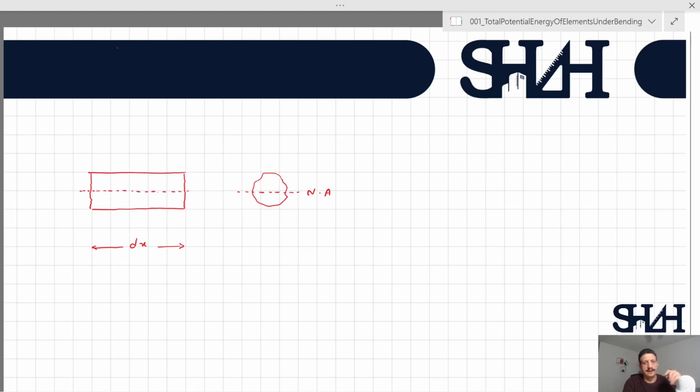And assume that the beam follows the Euler-Bernoulli hypothesis, which means that the height of the element is far smaller than the length, or h over L is very small. As a result, the plane remains plane and there is no distortion of the cross section.